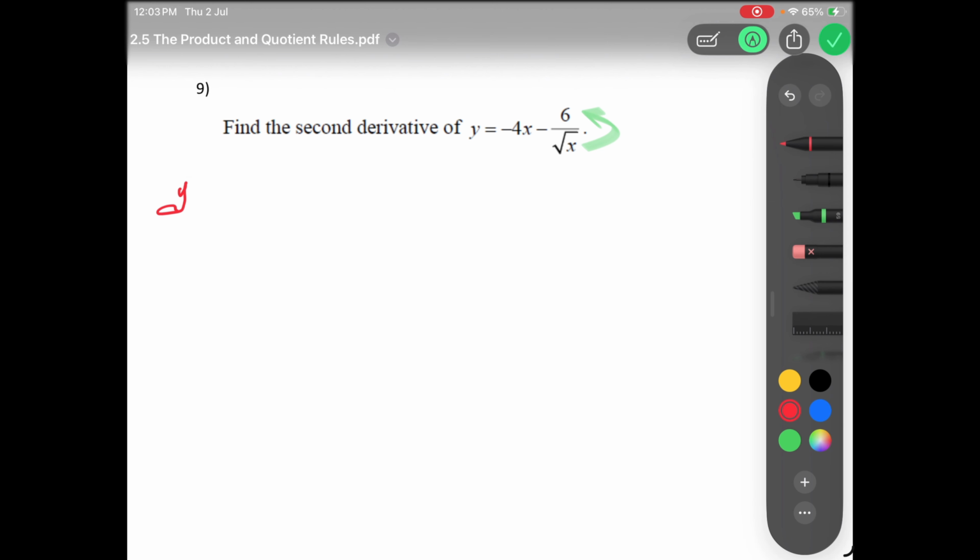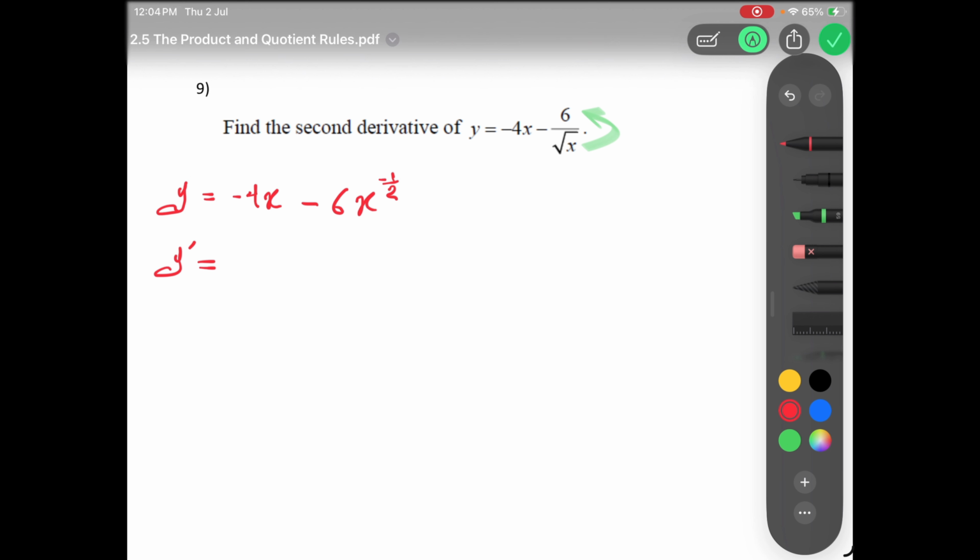This is not y prime. y equals minus 4x minus 6x to the power minus 1 over 2. Please do it directly, because what is radical x? Radical x is x to the half. And if you move it to the top, it will be minus half. That's it.